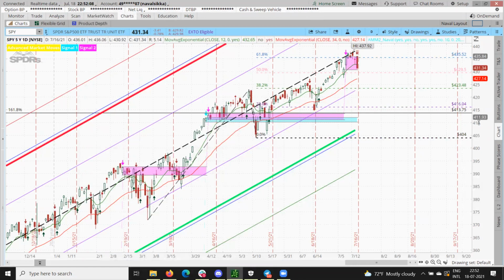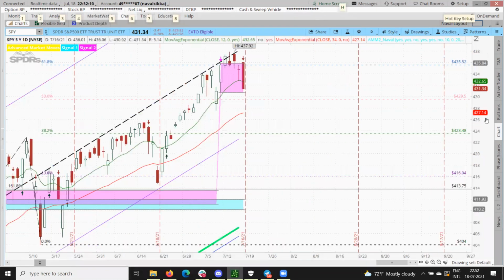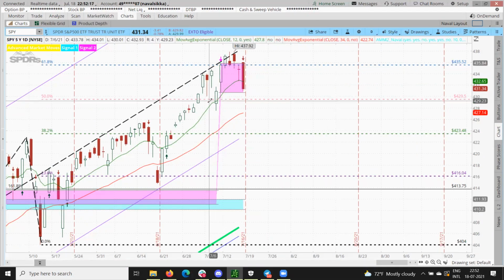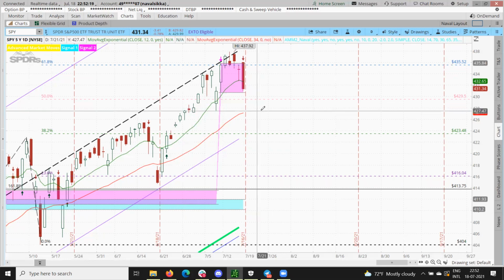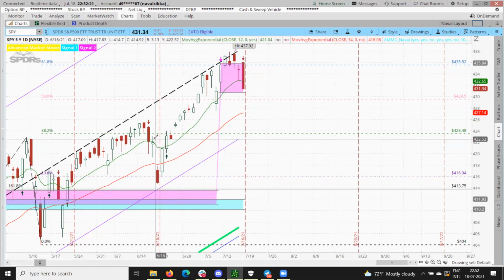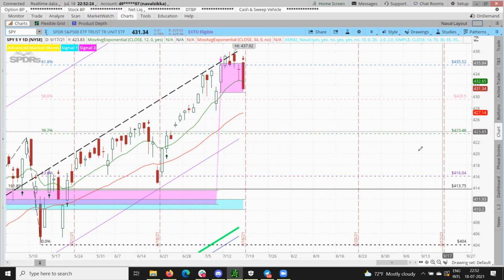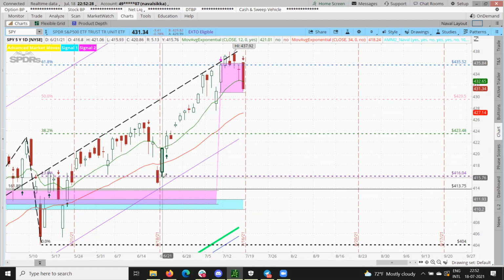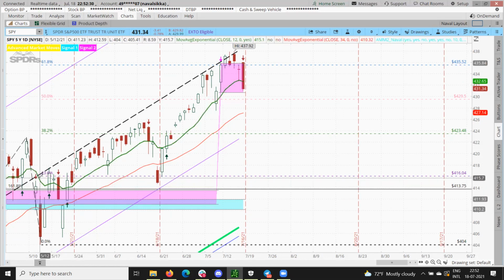Now, these are the further levels which came into the picture. See, the market tried to face support at 416, and you will see that the candle automatically follows this and all the algorithms.